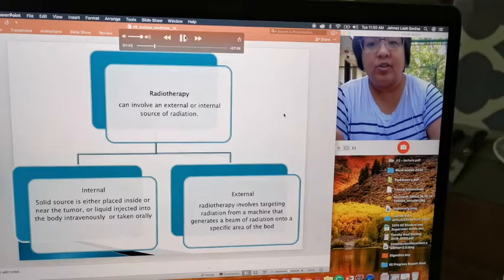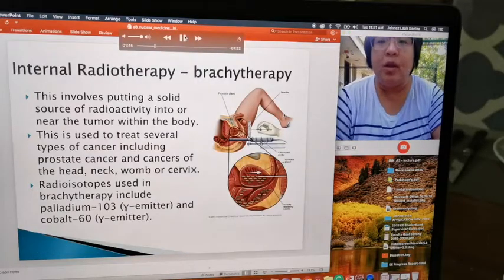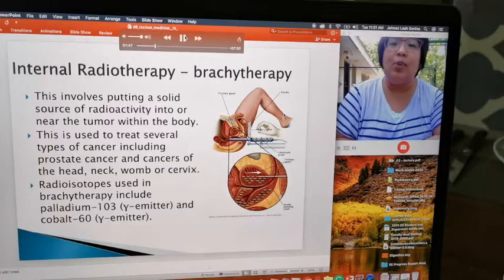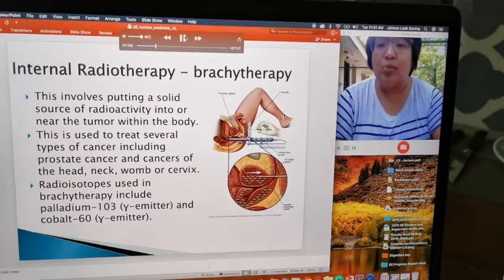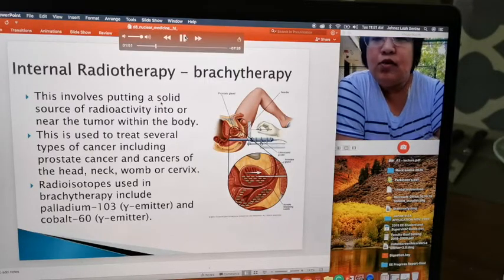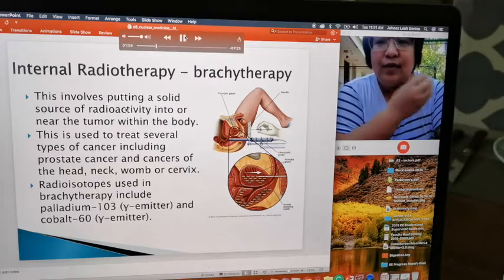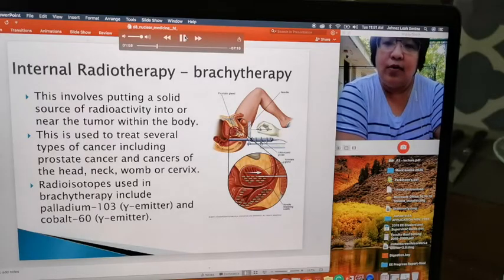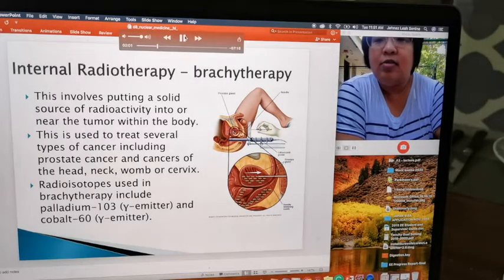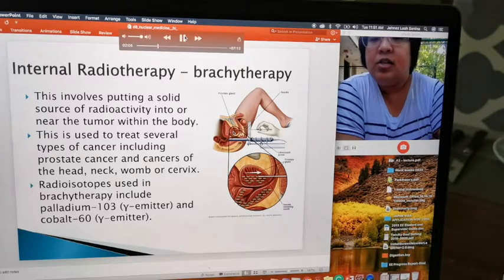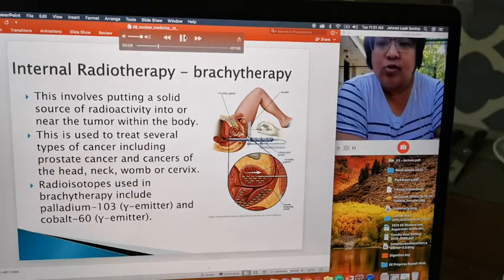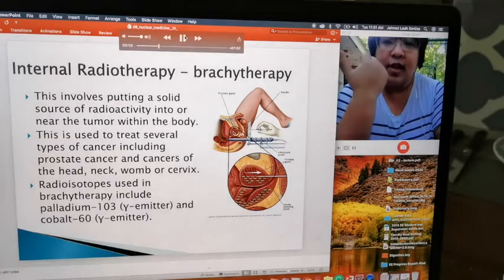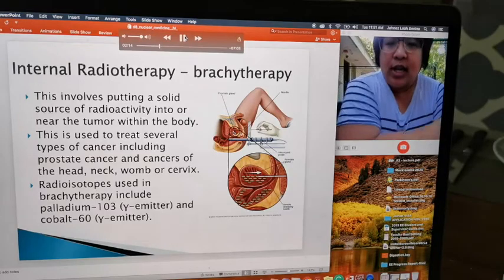So let's look at internal radiotherapy. The first technique that you need to know is brachytherapy. This involves using a solid radioactive substance, and you insert it into the body, for example in an area near the tumor. It is used to treat several types of cancer, including prostate cancer, cancer of the head, neck, womb, or cervix, but most commonly prostate cancer.